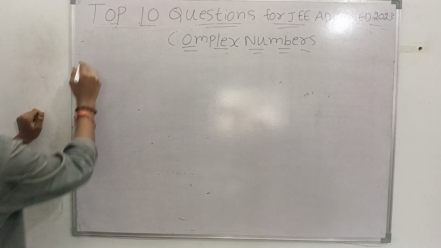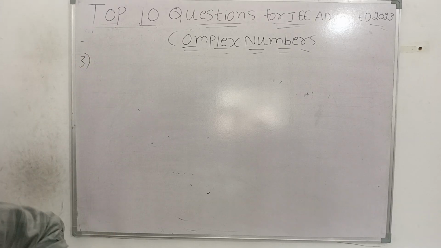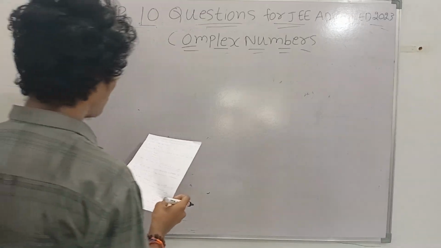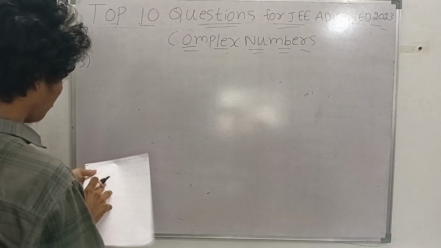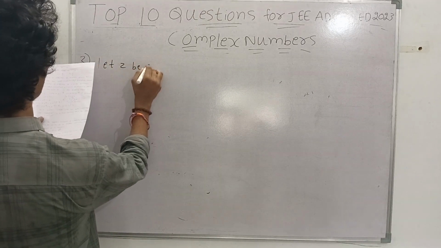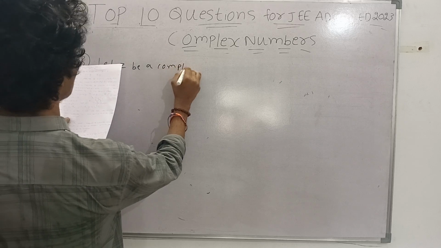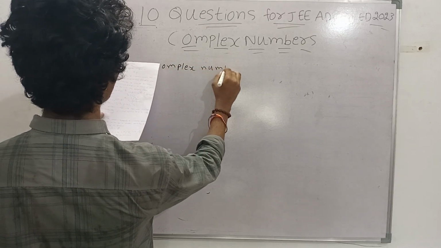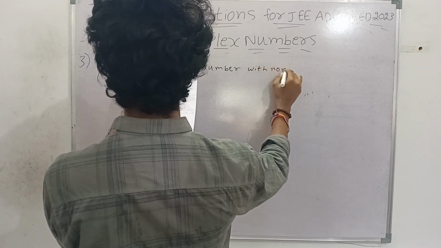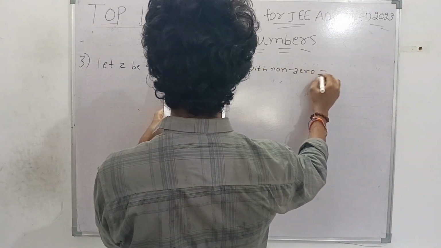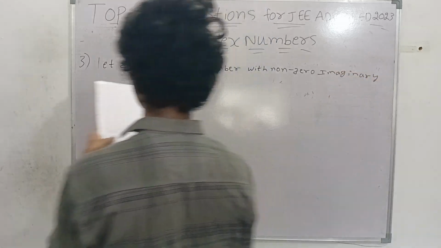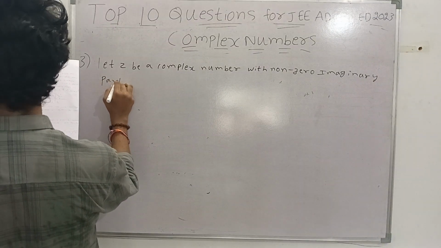Now, third question. Let Z be a complex number with a non-zero imaginary part.